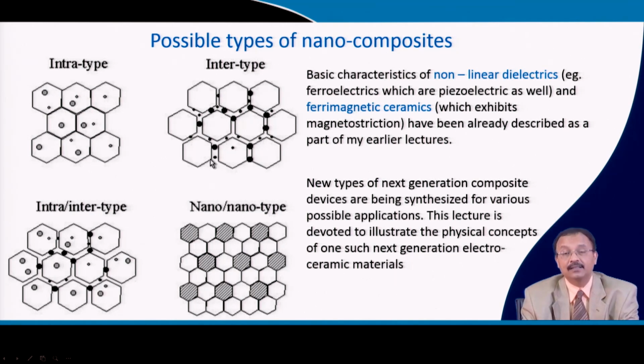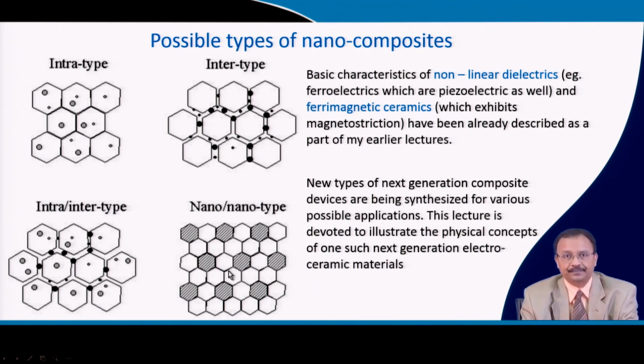And then finally nano type. So, one of the guest and host alternate, or either well distributed, or most of the cases they are well distributed, otherwise if they agglomerate they will not form nano composites. So, they are well homogeneously distributed in the host matrix.